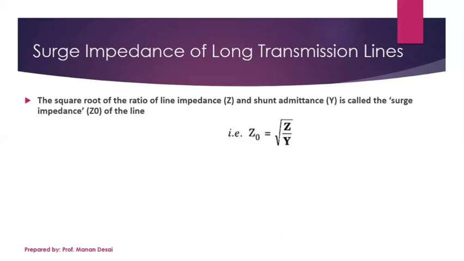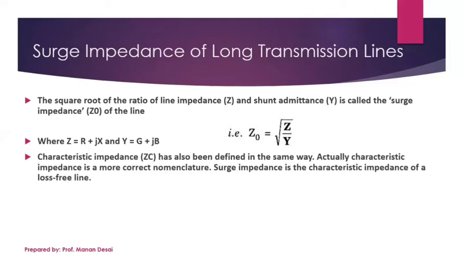So as you see in the equation, Z0 is equal to under root Z by Y, where Z is equal to R plus jX and Y is equal to G plus jB. Characteristic impedance ZC has also been defined in the same way. Characteristic impedance and surge impedance are almost the same. Actually, characteristic impedance is the more correct nomenclature. Surge impedance is the characteristic impedance of a loss-free line.